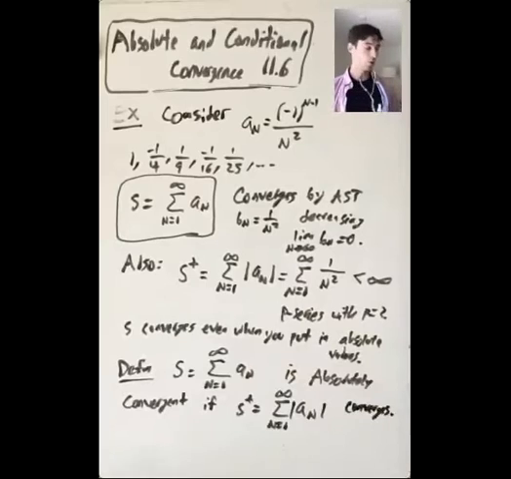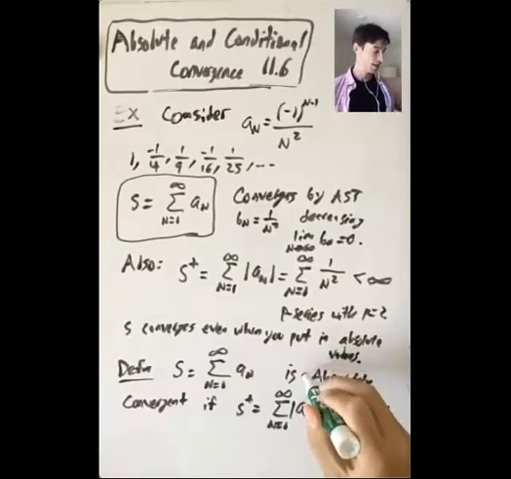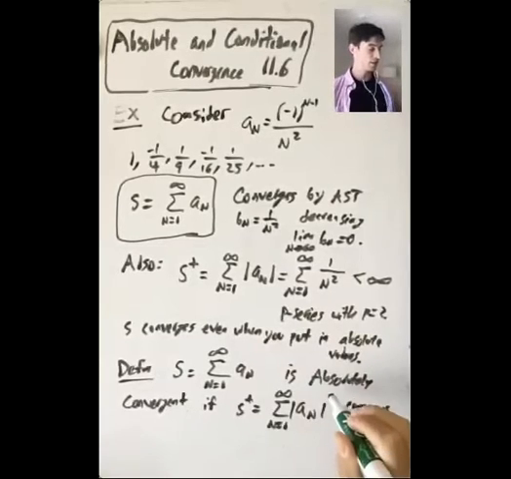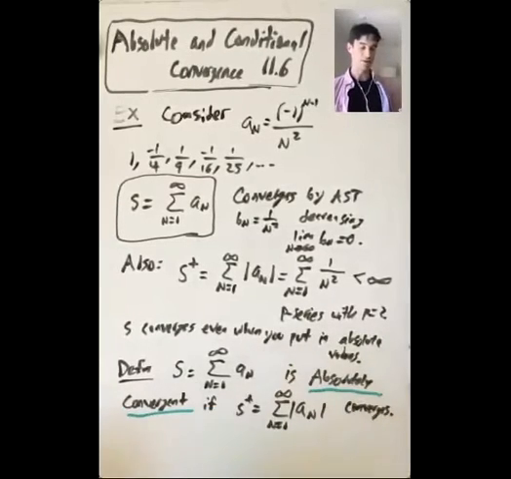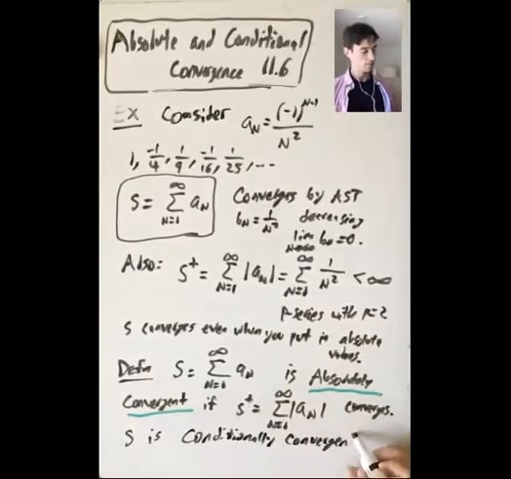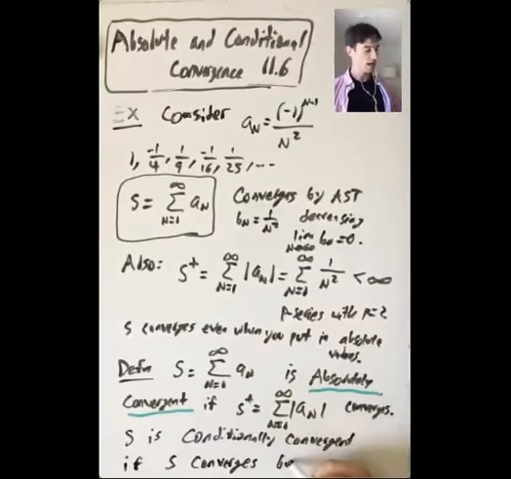So that's the important new definition: absolutely convergent means that your series converges even with the absolute value signs. S is conditionally convergent if S converges, but S plus diverges.